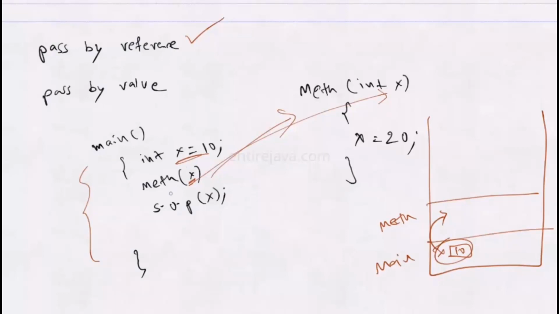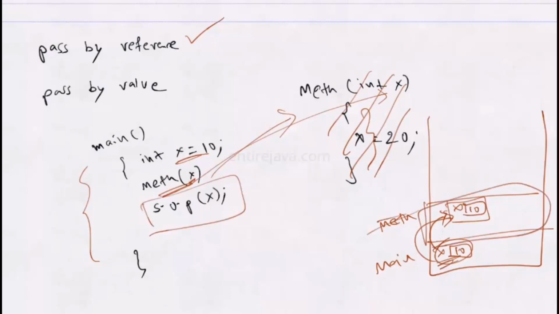So when we do this, we're actually making a clone or a copy of this field and we're sending it to this method. So we'll have another variable. The scope of this variable is within this method, and once this method exits, then this block will get freed.